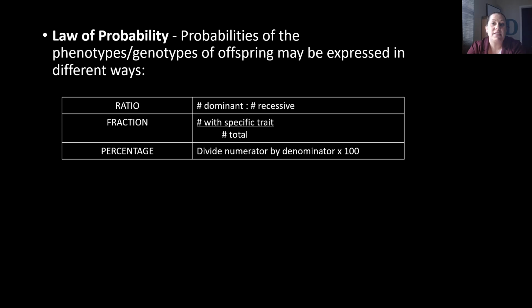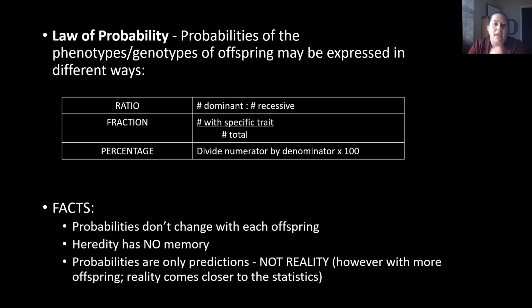It's the number of the specific trait over the total. So this is what we did with that, where we had 1 out of 4. You could also divide the numerator by the denominator in the fraction and multiply by 100 for the percentage. So 1/4 is going to be 25%. So these are the different ways you could potentially represent what we're seeing with the Punnett square.